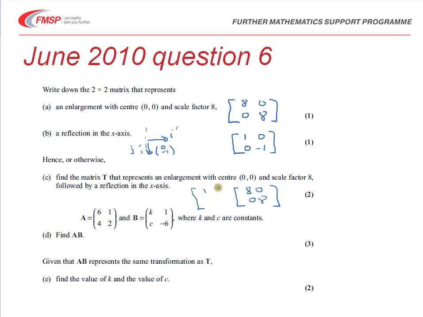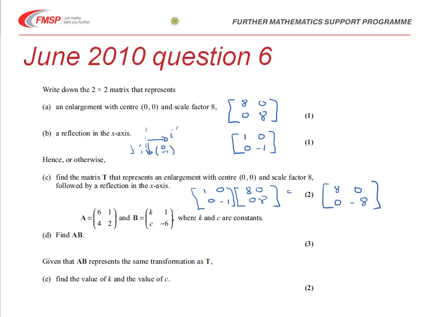This is the second transformation here. And that becomes equal to 8, 0, 0, -8.